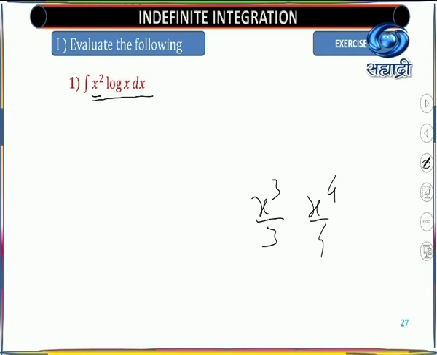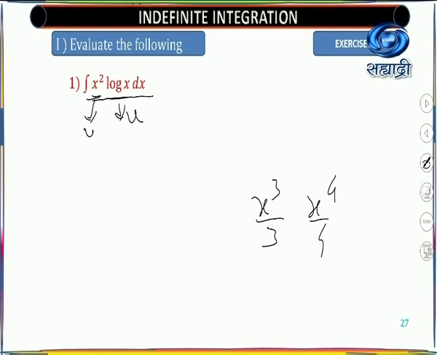Or you select in the order LIATE, in which this is an algebraic function and this is a logarithmic function. That means the logarithmic function is u and this is v.